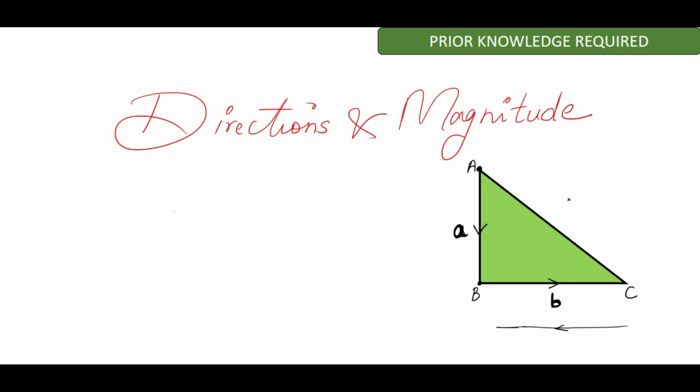Now in this case, how can you find vector AC? Vector AC is going to be equal to, now here we are using directions. So we know the starting point here, the first letter, this is where you start and you're going to end at C. So you have a pathway here. You take this route in this direction.